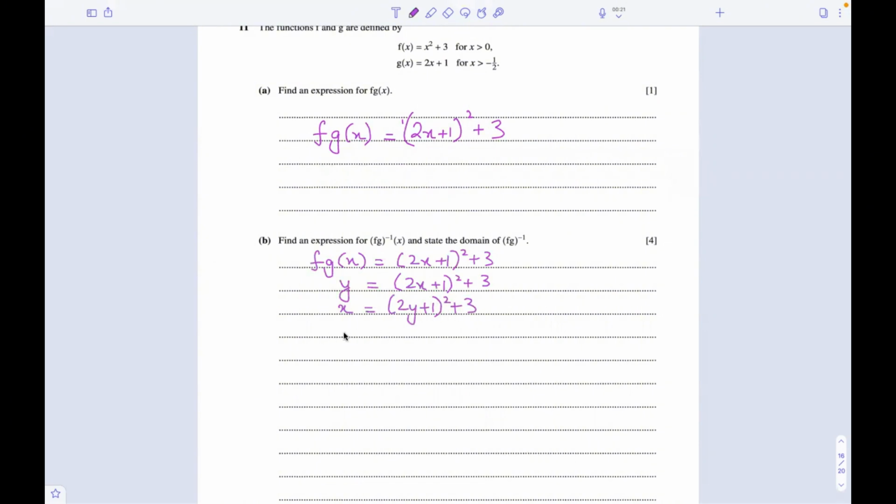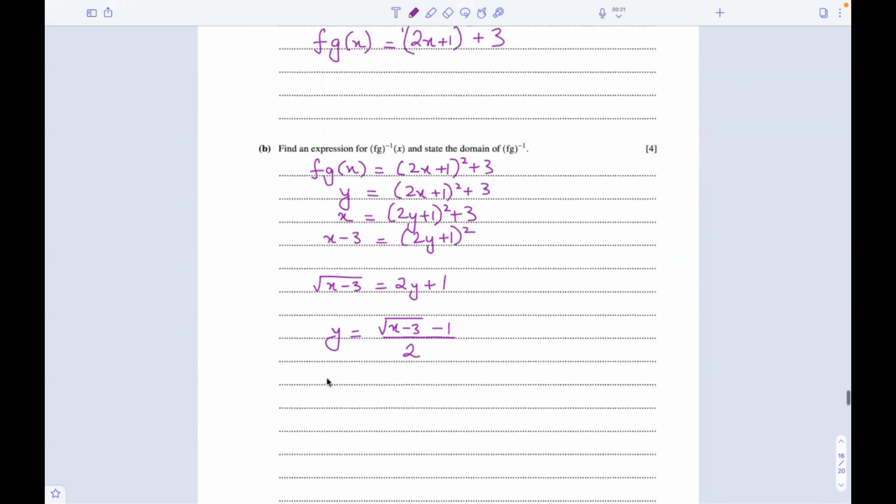So we bring the 3 to the other side, and this becomes x minus 3 equals (2y plus 1) whole squared. We square root both sides, and we get square root of x minus 3 equals 2y plus 1. So y equals square root of x minus 3, minus 1, divided by 2.